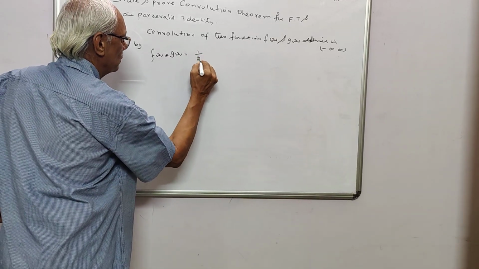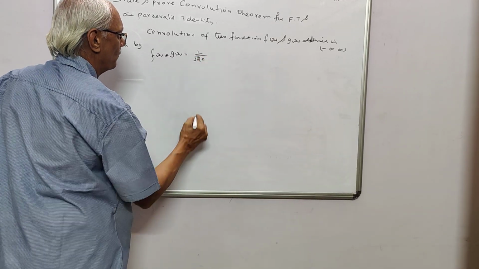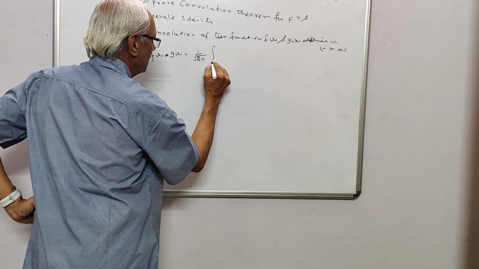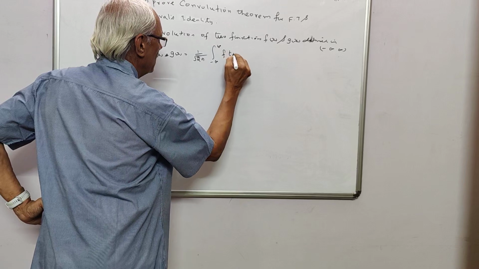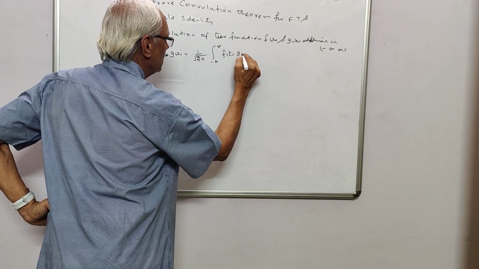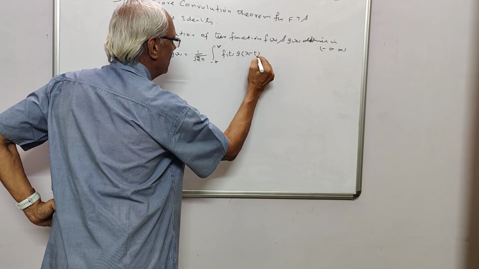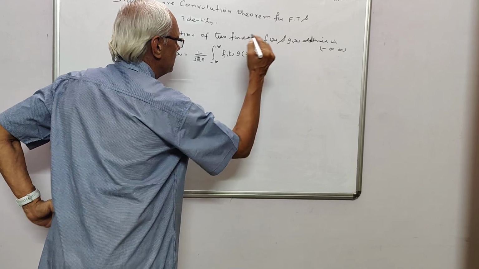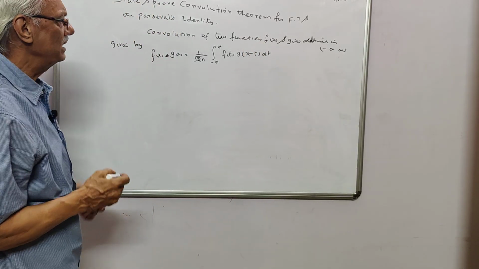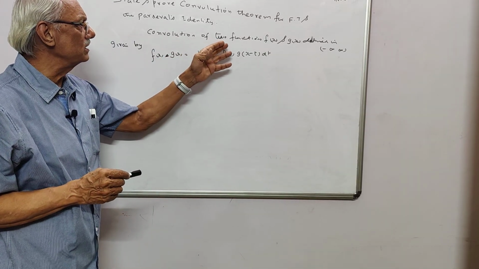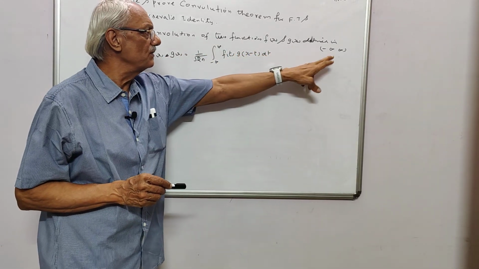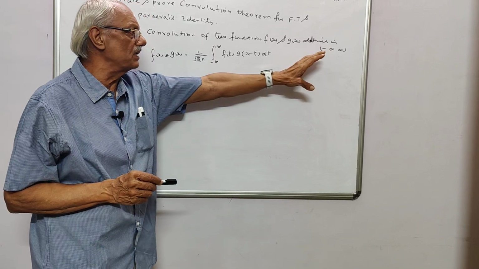This is equal to 1 by square root of 2 pi, integral from minus infinity to plus infinity f of t into g of x minus t into dt. So this is the definition of the convolution of two functions defined in minus infinity to plus infinity.